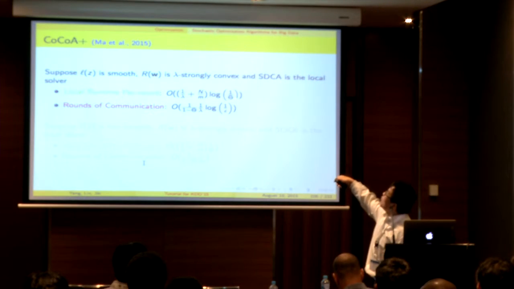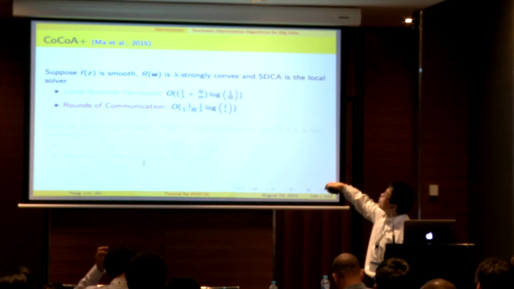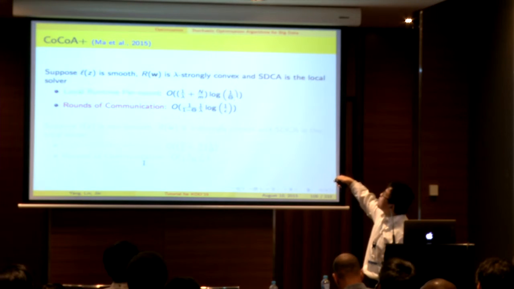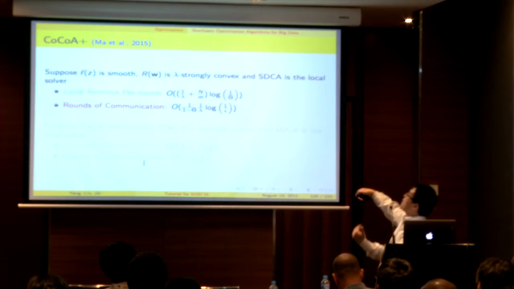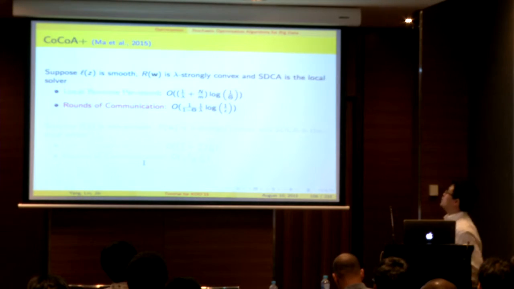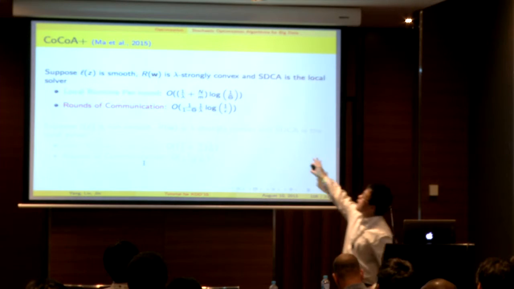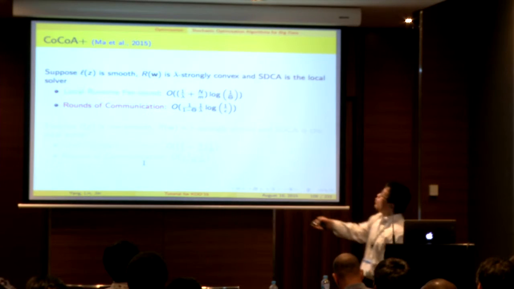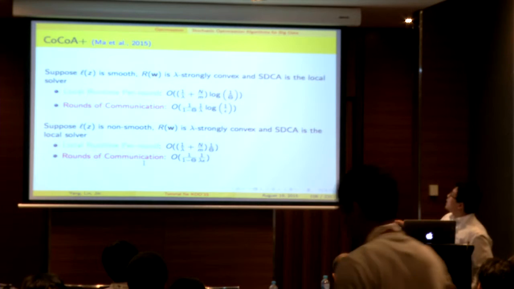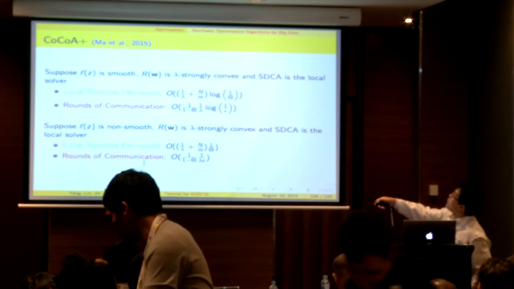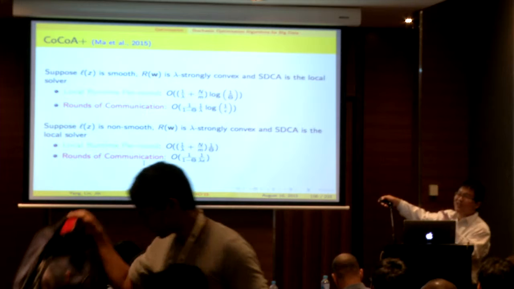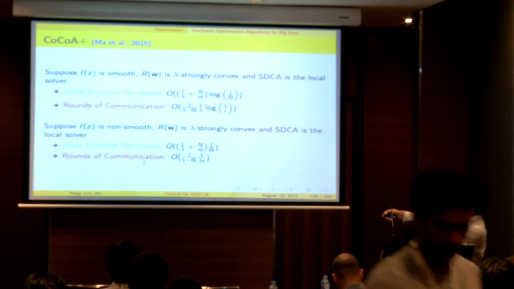If you have a small lambda, you spend more time in local machines, but if you have a very big theta, you need to run more iterations, many rounds of communication. And this is the result when you have strong convexity. What if you don't? This is the result when you have smoothness. You always require strong convexity, sorry. If the problem is smooth, you have this result.